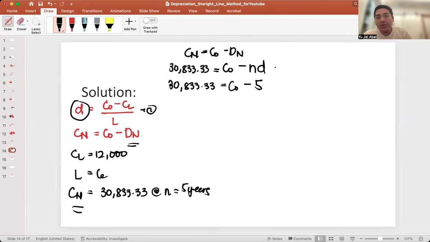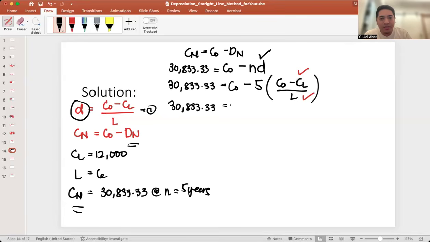And if we substitute D, we have C sub O minus C sub L all over L. Luckily, we have C sub L and L, so you don't need to find the D. So you have 30,833.33 equals C sub O minus, I'm going to transpose this, so this would become negative 5 times C sub O minus C sub L, which is 12,000, all over 6.